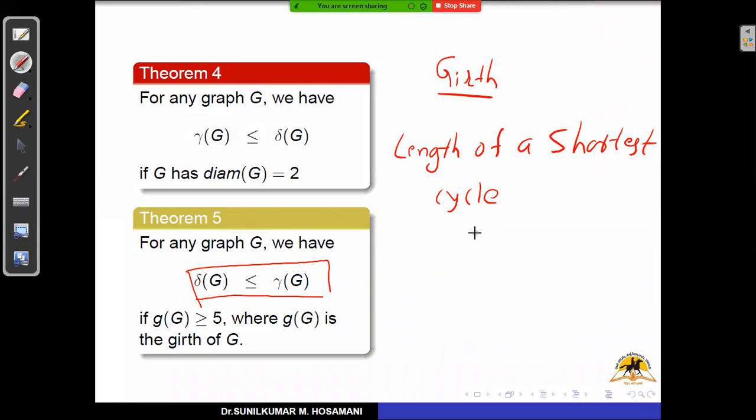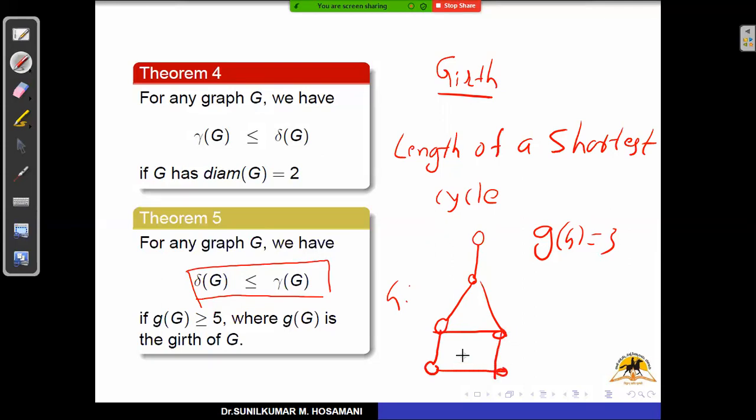For example, for this graph, there is only one cycle, C3, and the length of that cycle is 3. Therefore the girth of this graph is 3 here. Okay. Suppose I consider this graph, there are three cycles, and again the shortest cycle is C3 only.